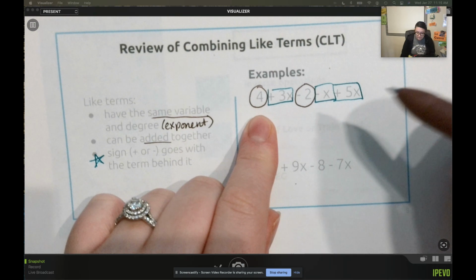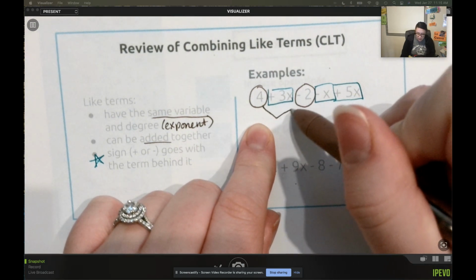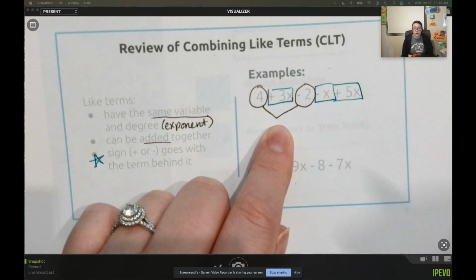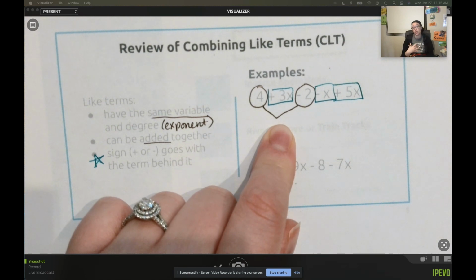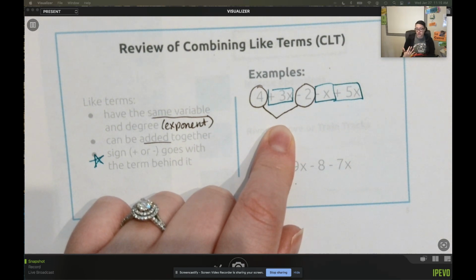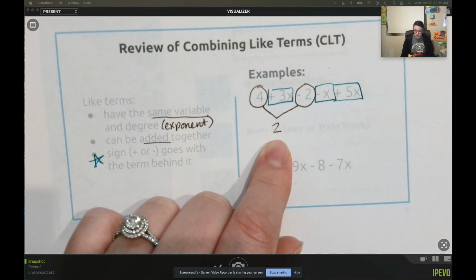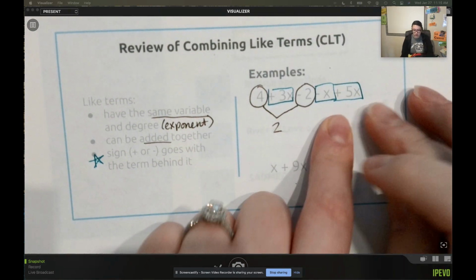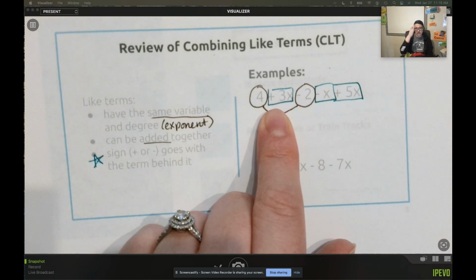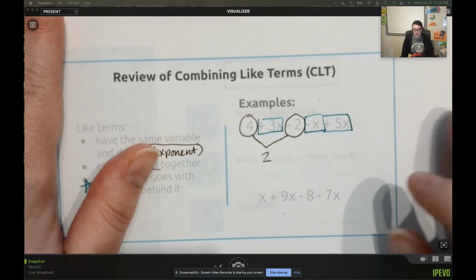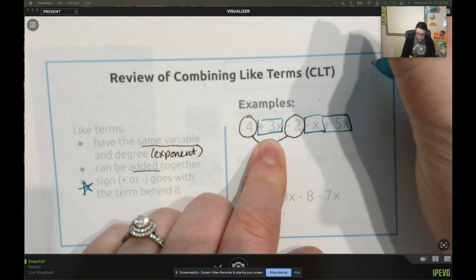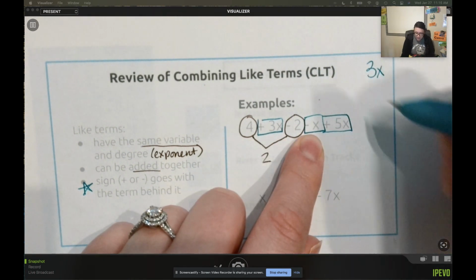So here I have a 4 and a -2. So 4 plus -2 or 4 minus 2 equals 2. And then for all these teal ones, when I have multiple, it kind of helps me to line them up like you normally add or subtract. So here I have 3x minus x.